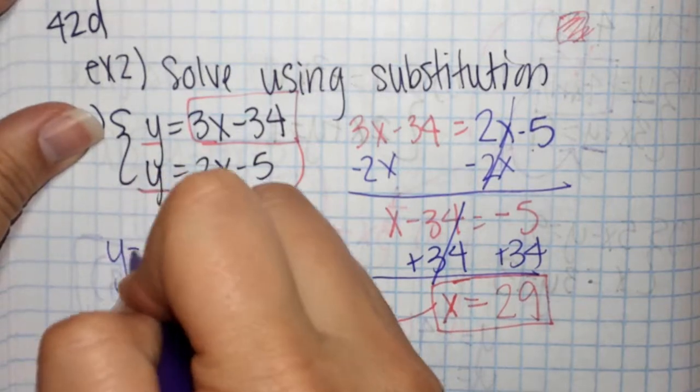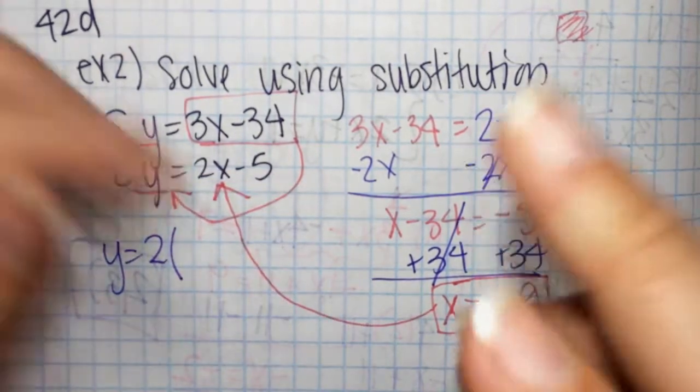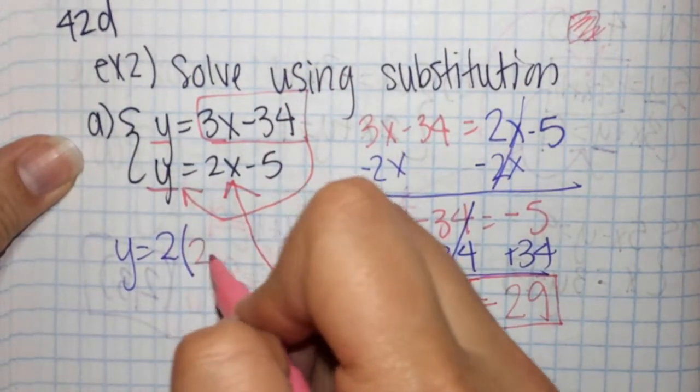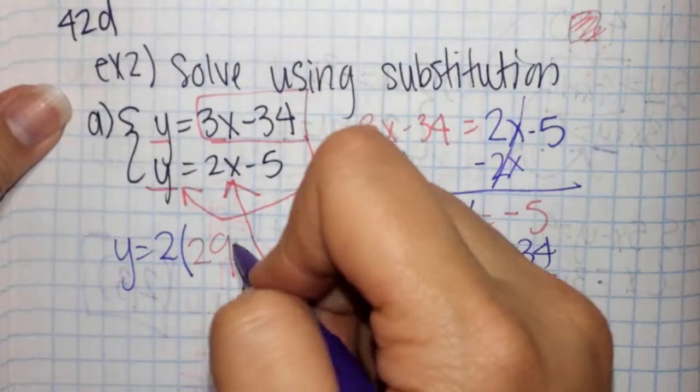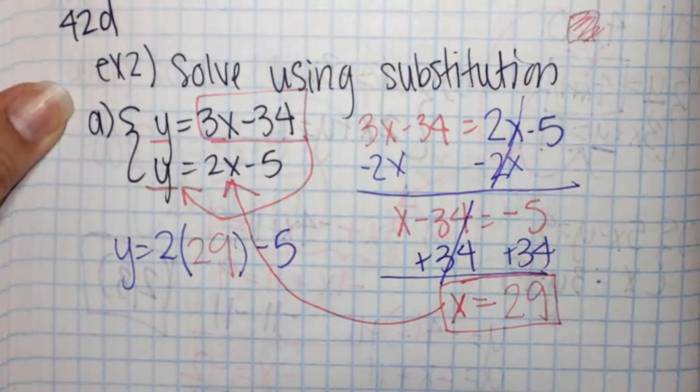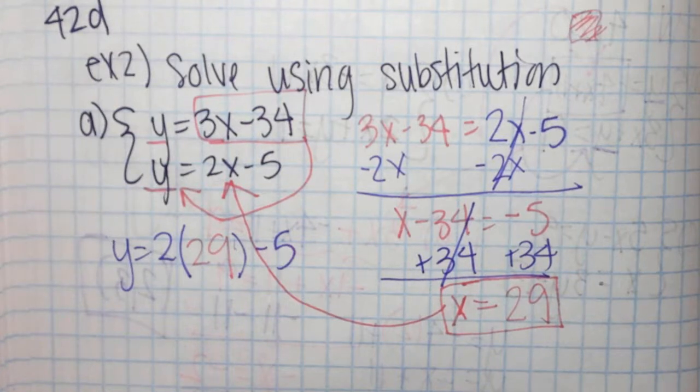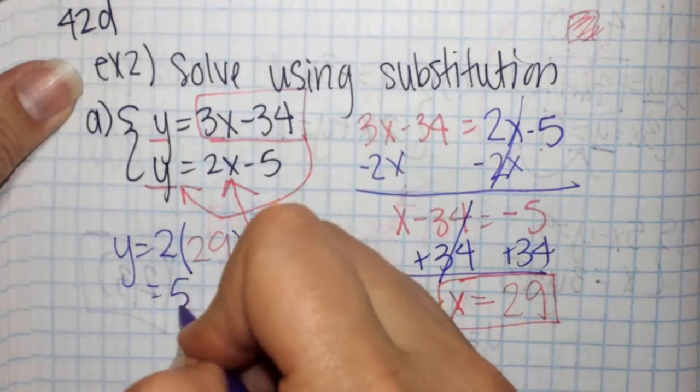Now, we have y equals 2 times, what was x? What is 2 times 29? 58.